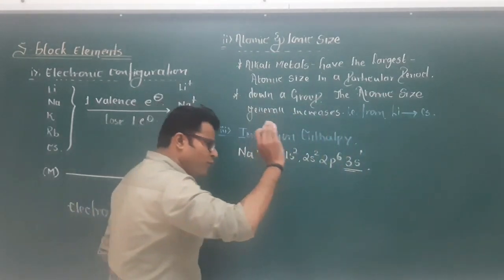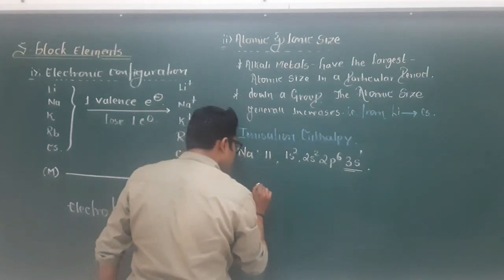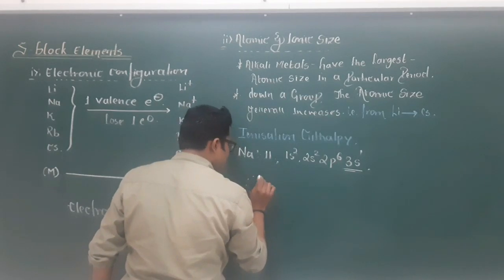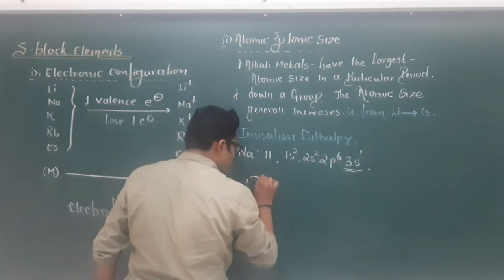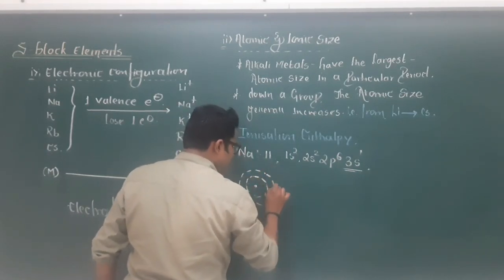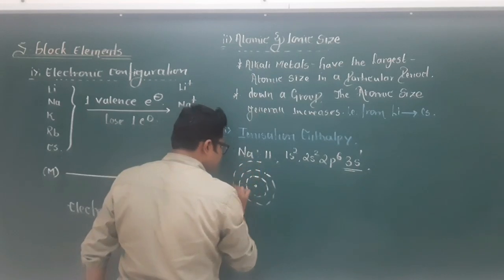As it has only one electron here, let's represent it. This is our first shell. Let's say this is the second shell, and this is the third shell.